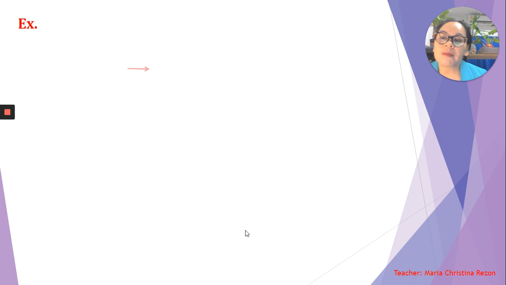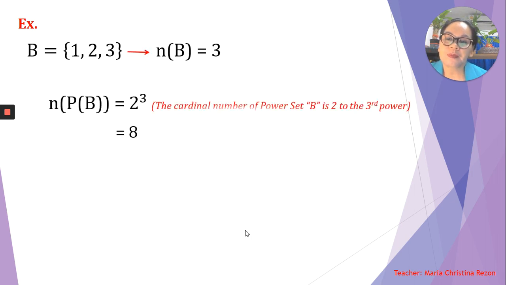Another example here, you can have B is equal to the set of numbers {1, 2, 3}. That implies that n of B is equal to 3, so the number of elements of the power set of B is equal to 2 cubed, or 2 to the third power, which is equal to 8.